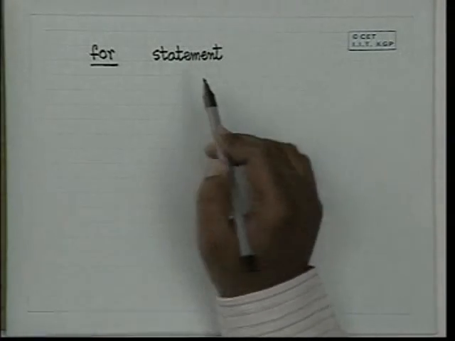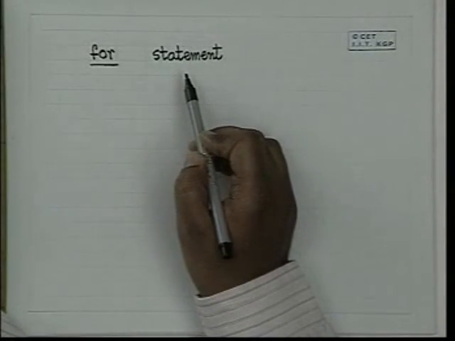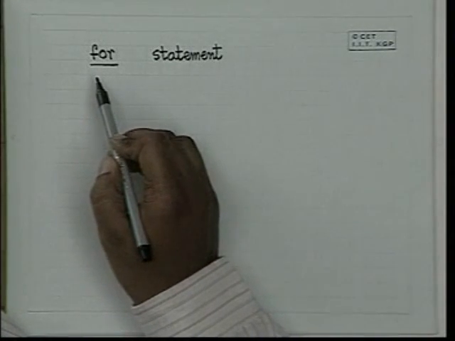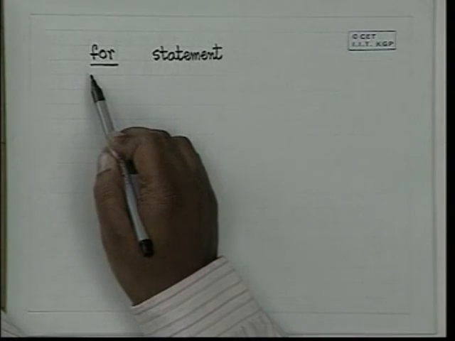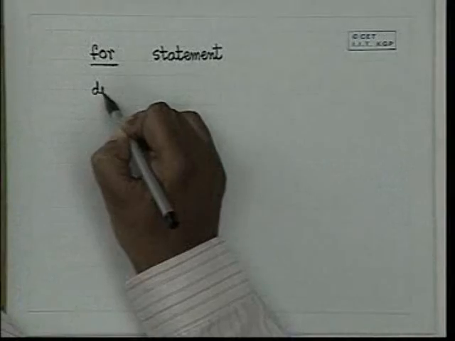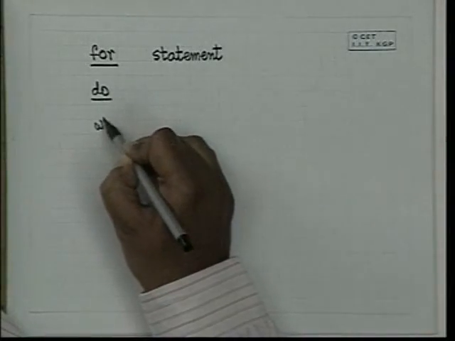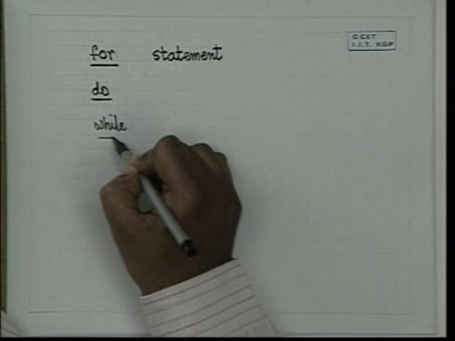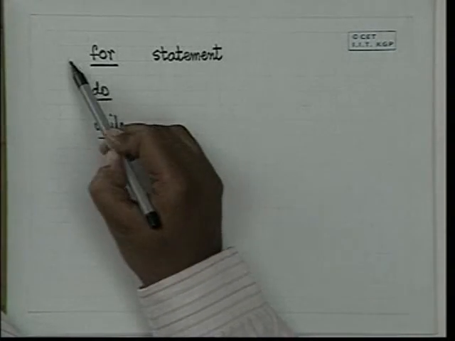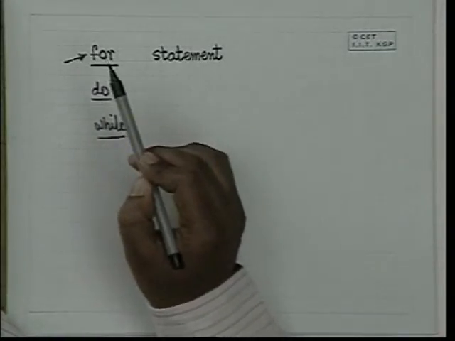There are many ways of looping in C language, and the for statement is a very flexible and quite a general purpose routine. It depends on your taste which loop you will use. There is a do statement and there is a while statement also. There are three such looping constructs available in C. This is the standard looping construct where you have a lot of control.